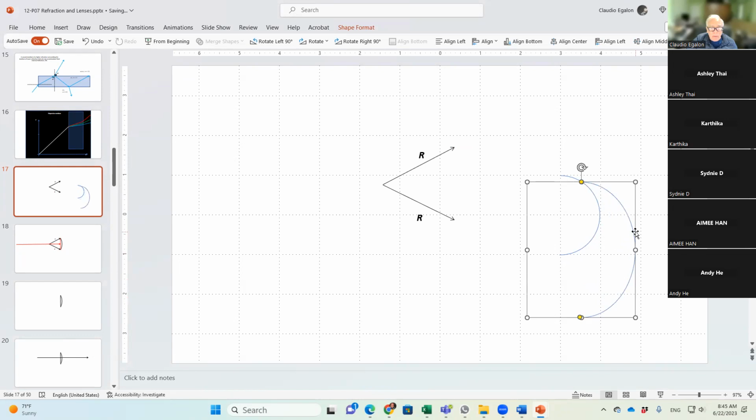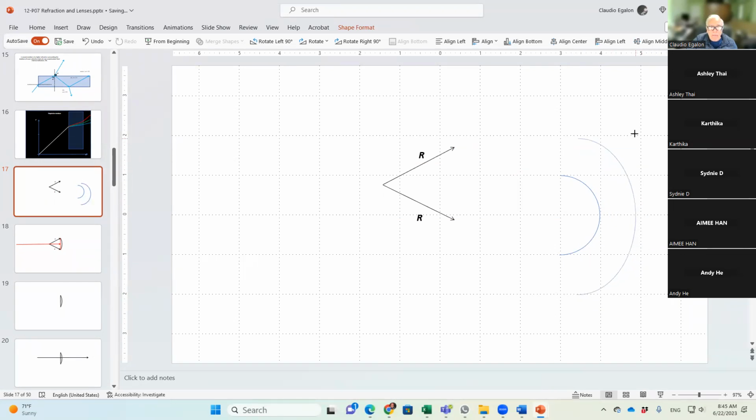I want to have a section of a circle here, right? Let me make it a little bit larger so I can have a better reference here.